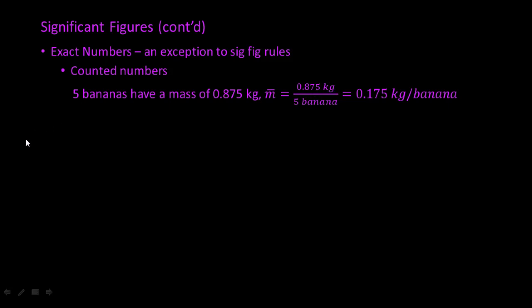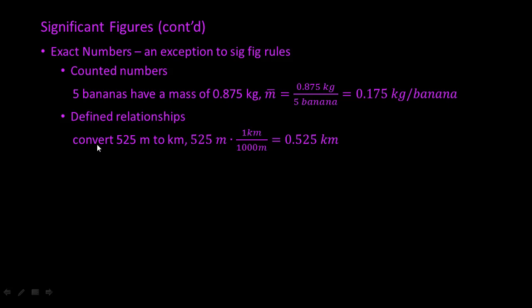There's one more category of exact numbers, and those are defined relationships. So for example, if we wanted to convert 525 meters to kilometers, we would take 525 meters times the conversion factor 1 kilometer divided by 1,000 meters.